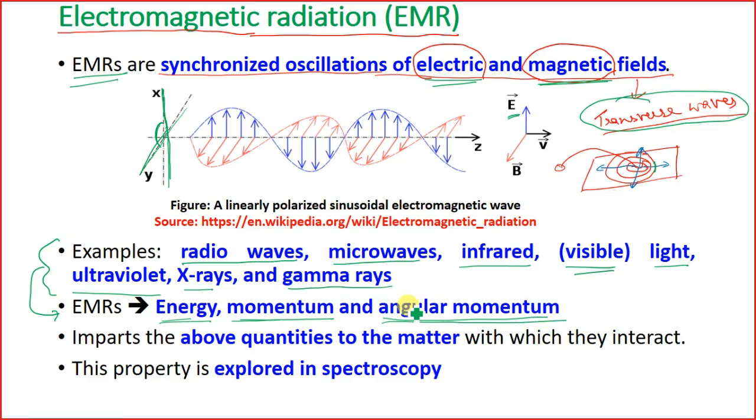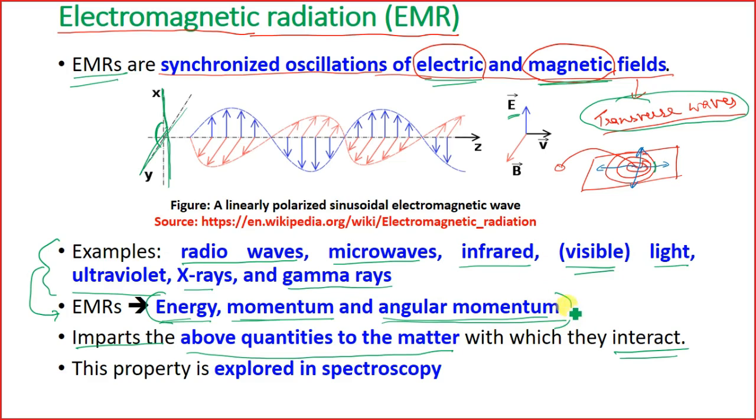next, when these electromagnetic radiations interact with some matter, they impart the above quantities to the matter. What do you mean by above quantities? Above quantities means the energy, momentum, and the angular momentum.